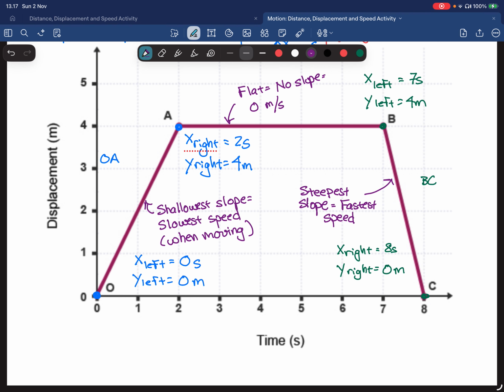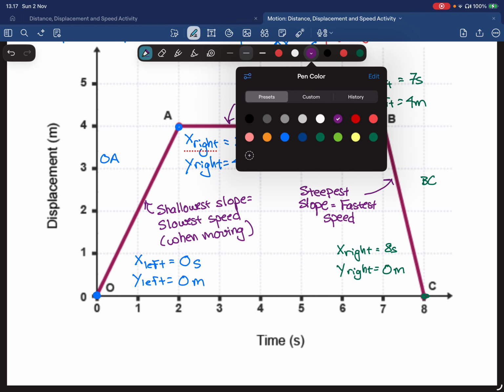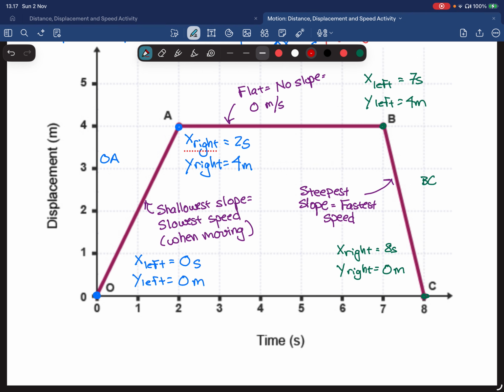Now, the last thing to point out here is that you have a positive speed here. So that means you're moving away from the start.